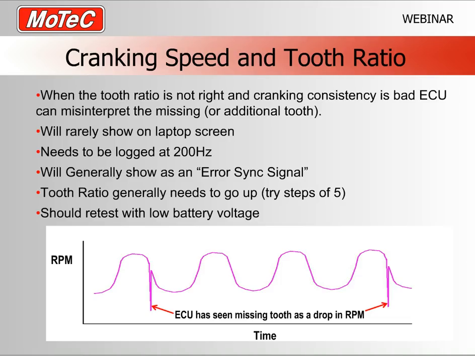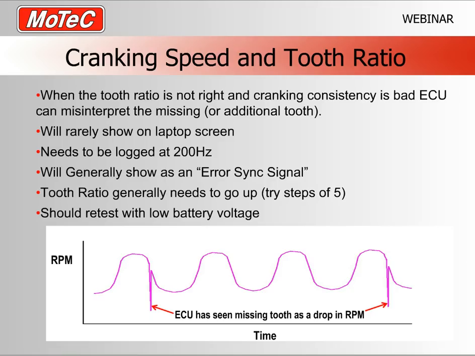Just another way of looking at this cranking speed inconsistency and tooth ratio setting problem. The graph I've got down the bottom is now RPM. When I suspect that a customer is having this problem, I will get them to log the RPM signal itself at 200 Hertz, and then I will look at that in our i2 software. As the crank speeds up and slows down, I'm going to get an oscillation in the actual RPM.